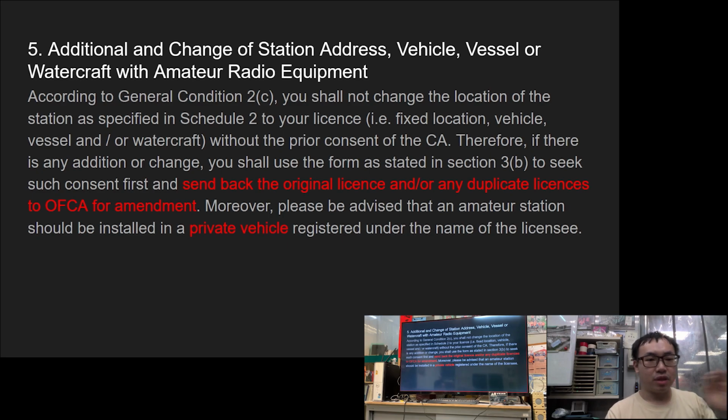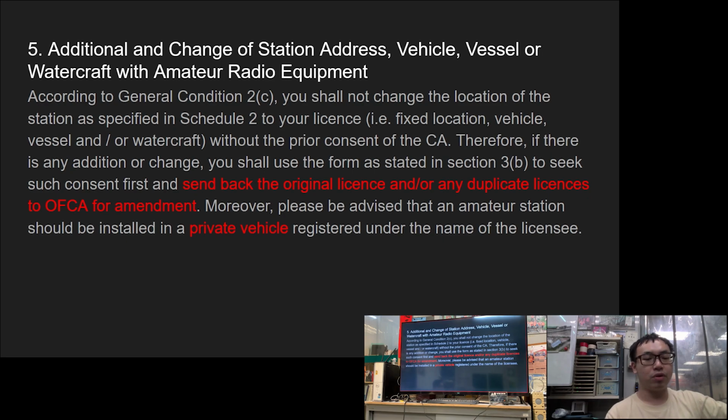For any mobile station or handheld station, you can apply for an additional change. If you have a new radio station on a car, just tell OFCA and send all the materials back to them.